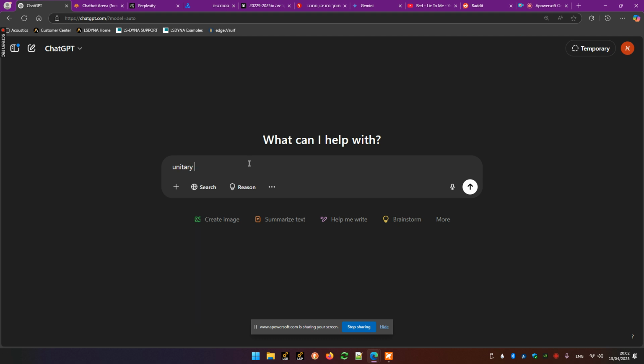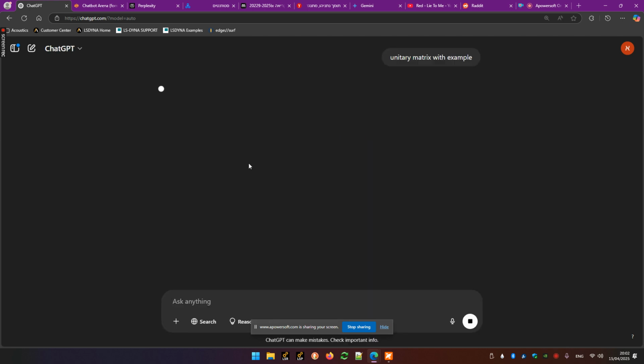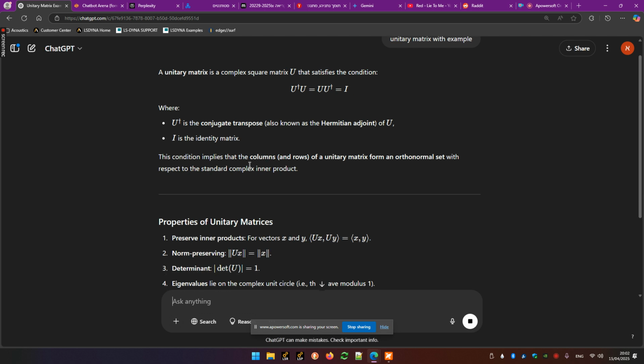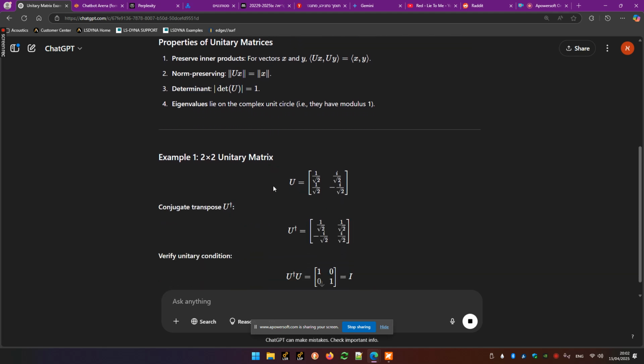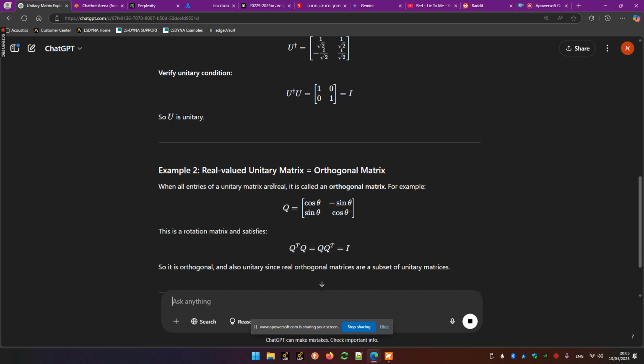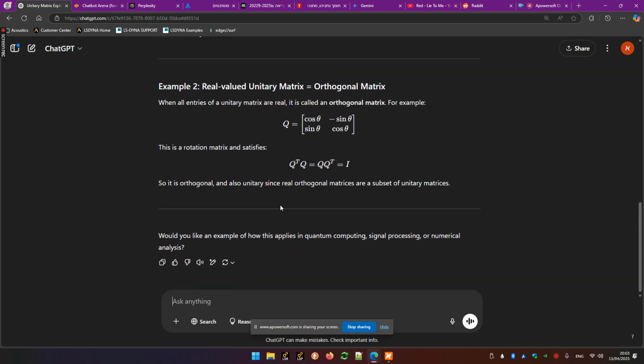So if I say unitary matrix with example, I will get a matrix where each column is orthonormal to one another, namely the inner product between the columns equals 0.